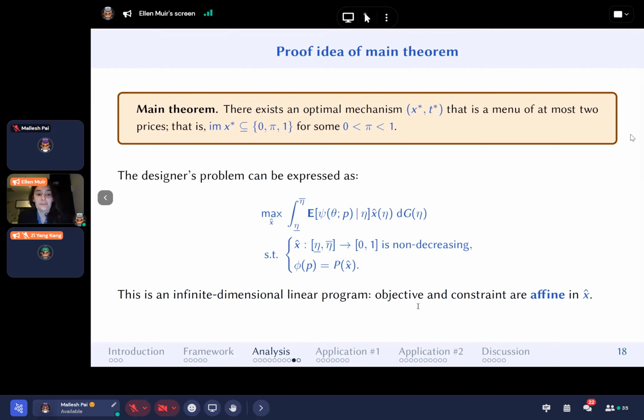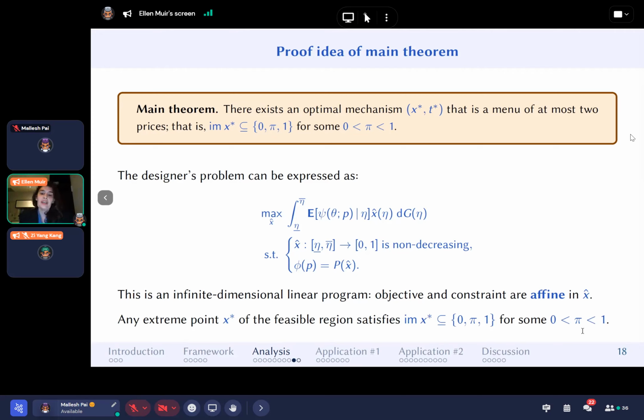And so any extreme point of this feasible region ends up satisfying the property that its image has these three elements, 0, pi, and 1, where pi is somewhere between 0 and 1.